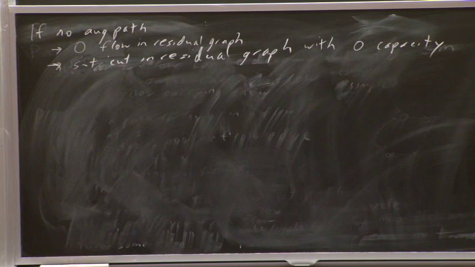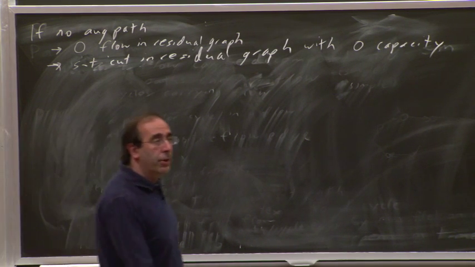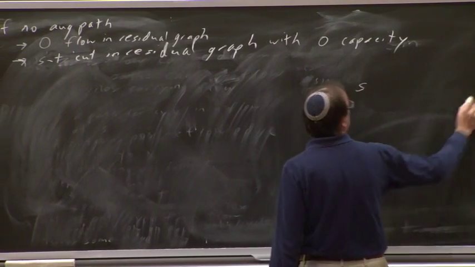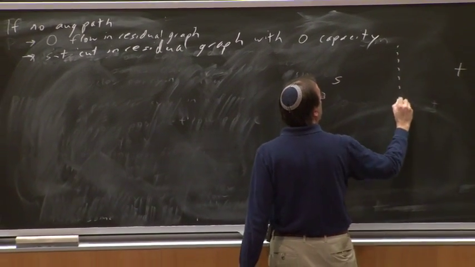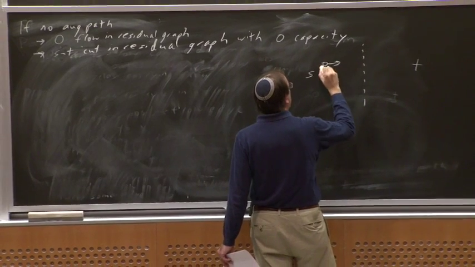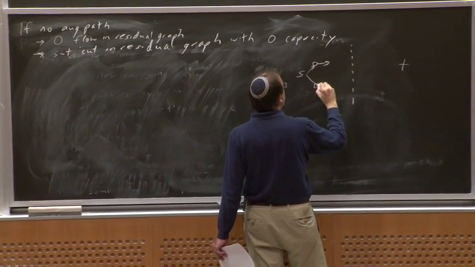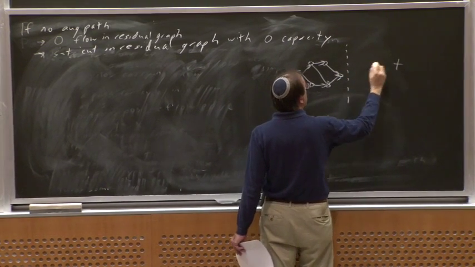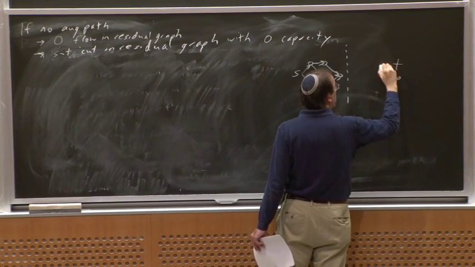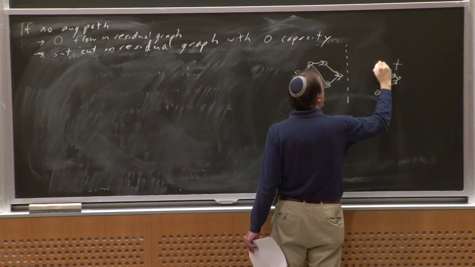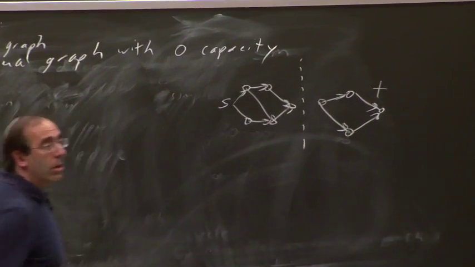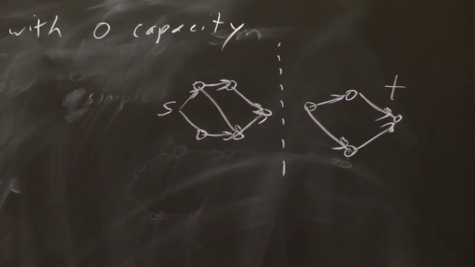But what does that mean, having an ST cut with 0 residual capacity? Let's look at that cut, and now take it back to the original graph. So we've got this network. It has 0 residual capacity. I'm not going to draw the 0 capacity edges. We have a network that looks like this, and a cut here where every edge has 0 residual capacity.